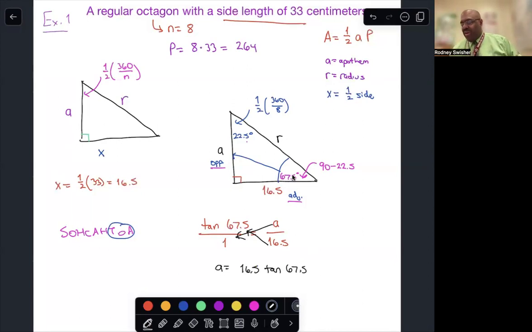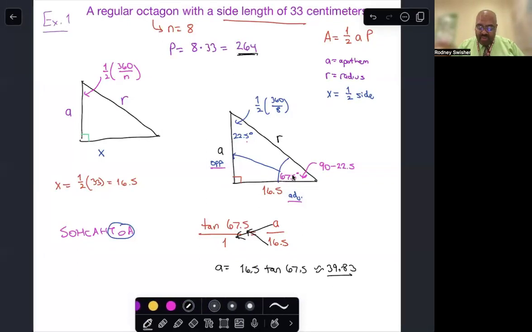So, but anyway, 16.5 times tangent of 67.5 is approximately 39.83, and it's a 4, so we'll just keep it at 39.83. So A is approximately 39.83. Okay, so now since we have the apothem, that's A, we already have the perimeter, that's here. So all we got to do now is just use our formula to come up with the area of this polygon.